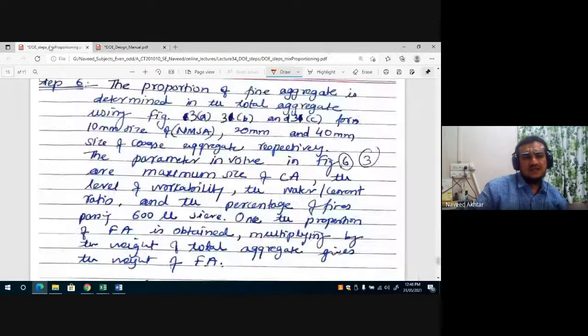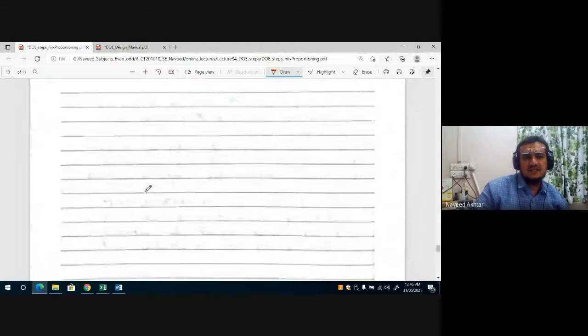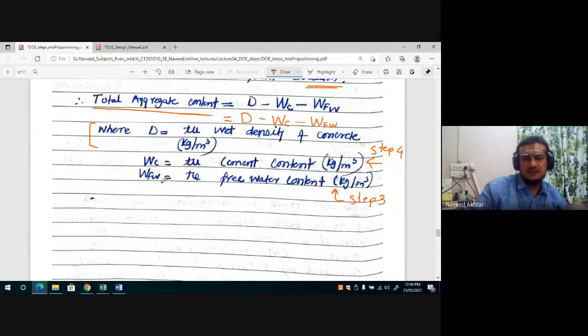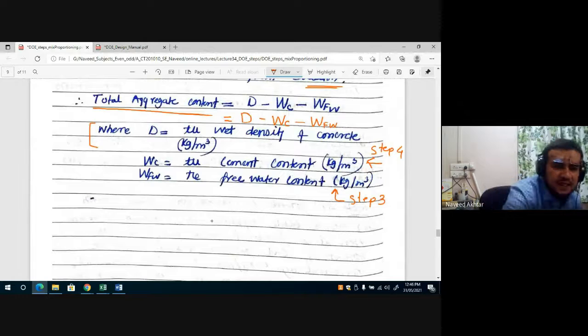And from that wet density of concrete, if you subtract the content of cement and the content of water, then you will get the total aggregate content.